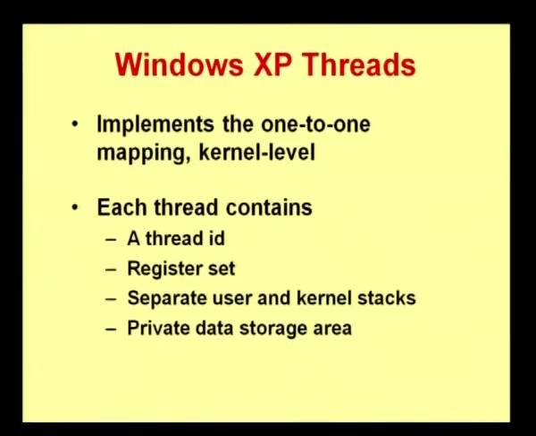Now let us see how threads are used in Windows XP. Windows XP implements a one-to-one mapping, or a kernel level mapping. So what does each thread contain? In our previous session about process, we saw what a process contains, what the process control block contains: process ID, process name, program counter, process registers, stacks, and so on and so forth.